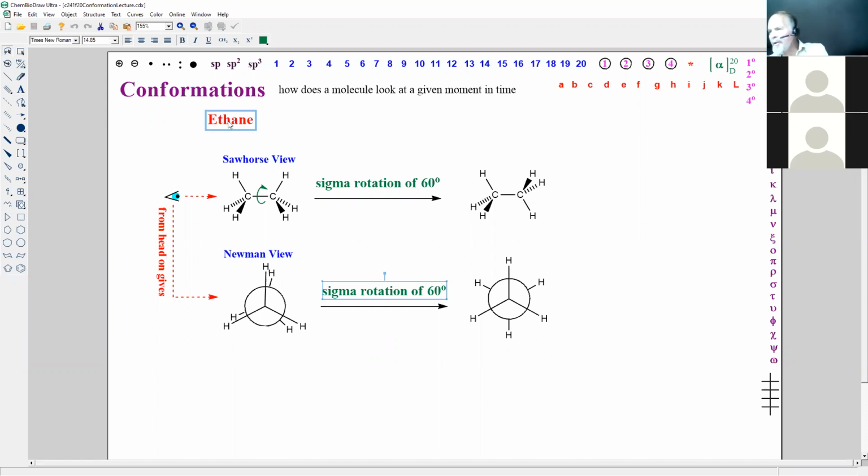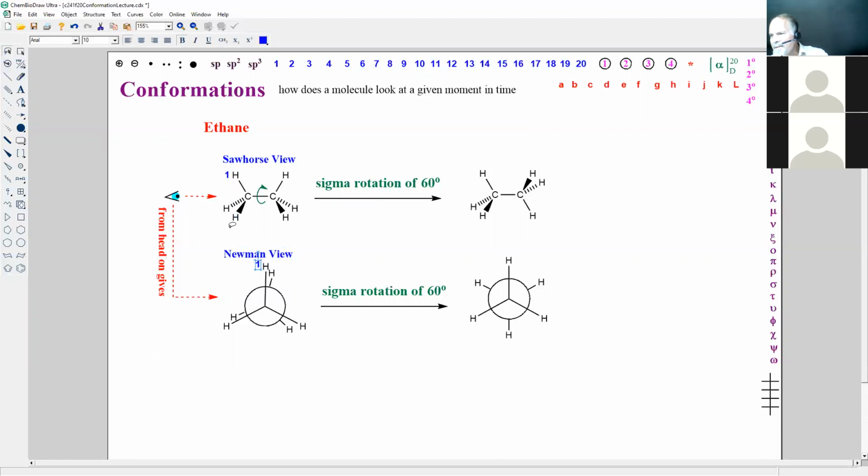We're looking at a molecule called ethane. It's got 2 carbons and 6 H's. And at one given instant in time, it might look like this. And there's going to be a name for that. After rotating just 60 degrees, if I call this carbon 1, and I'm looking at it this way, right above my head is hydrogen 1.